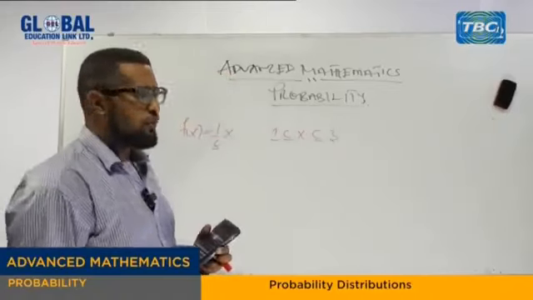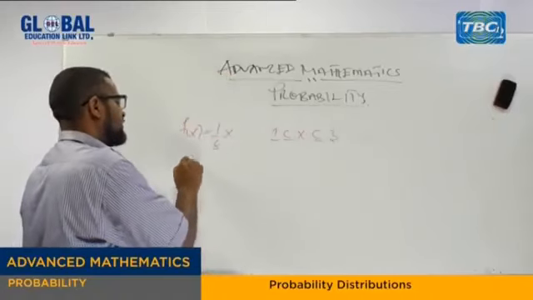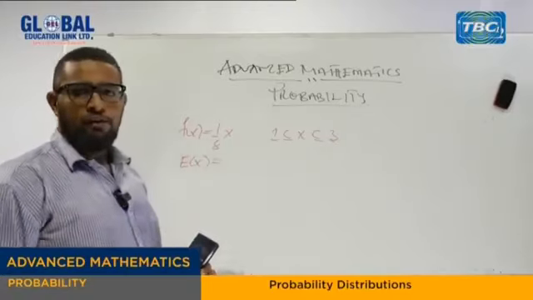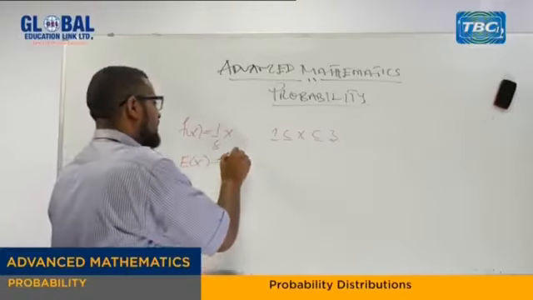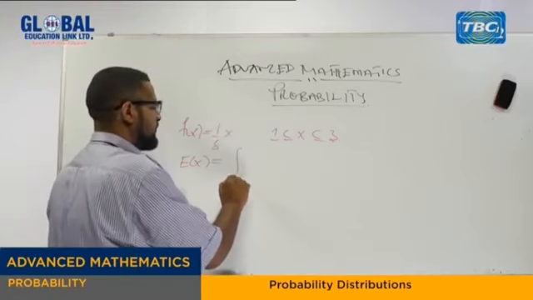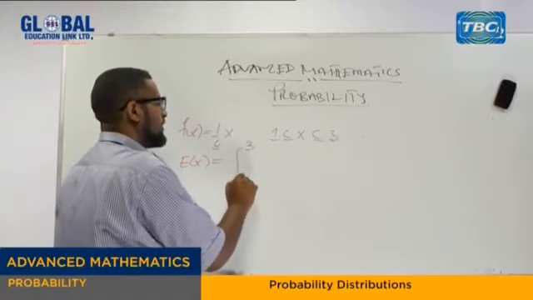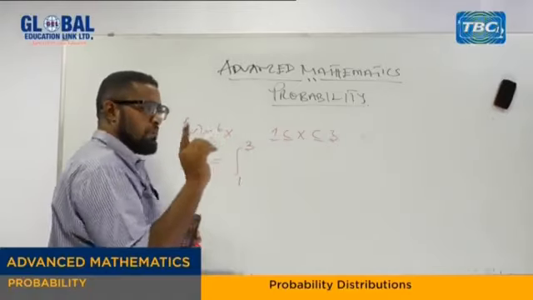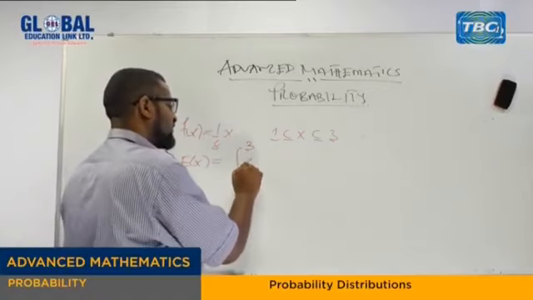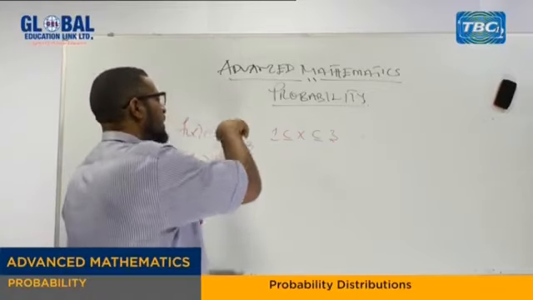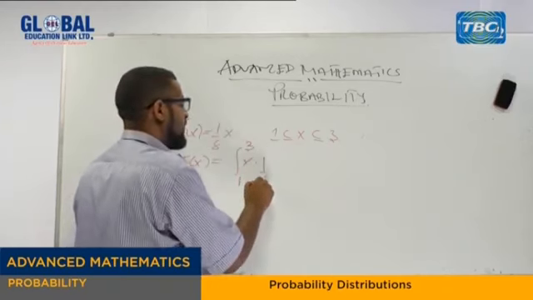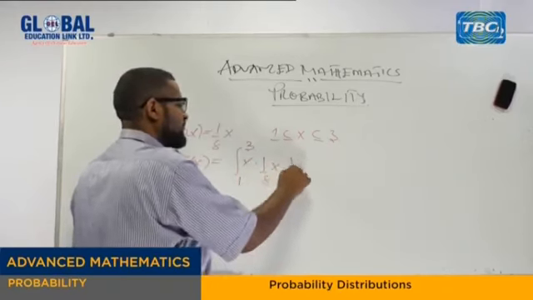And we are asked also to find the expectation of variable x. But we have the formula. The formula is the integration from the given limit, let's say from 1 up to 3, of x, which is from the formula, multiplied by our given function, 1 over 8 x dx.